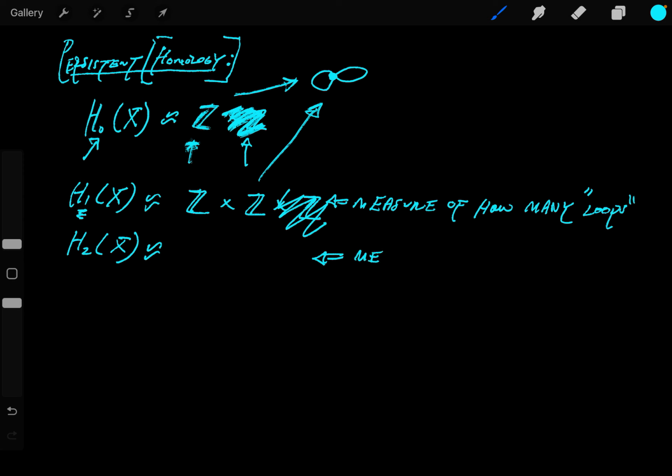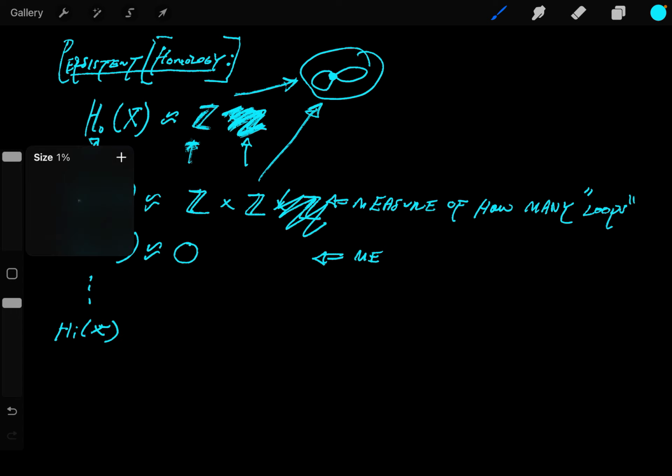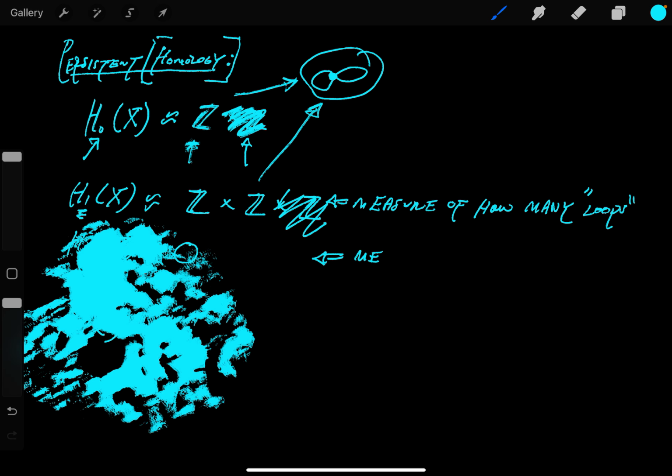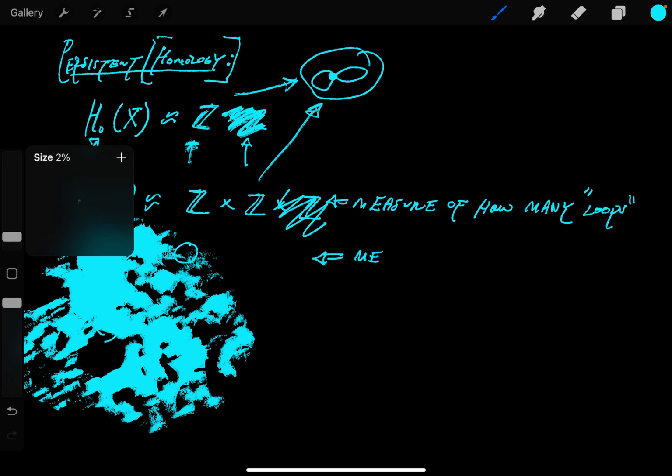And since this is like a two-dimensional figure, this is going to be 0, and going down all the way after that, for any i greater than 1, in this instance, it's going to be 0.